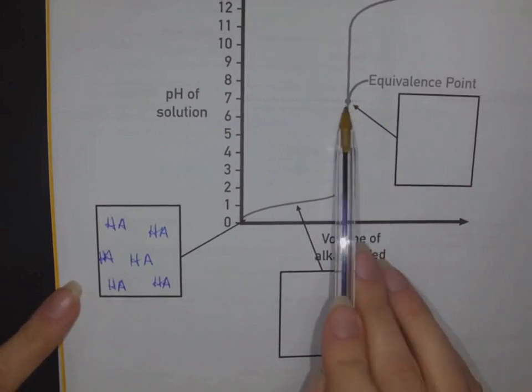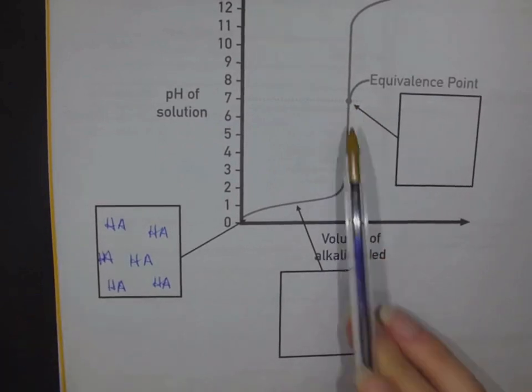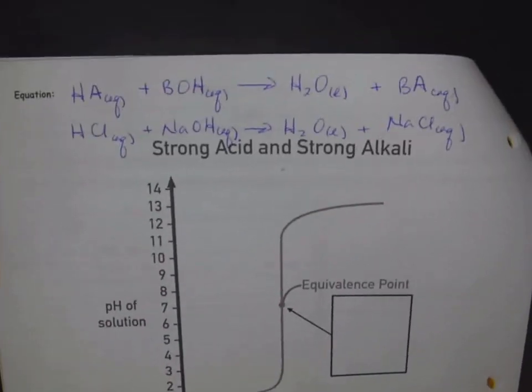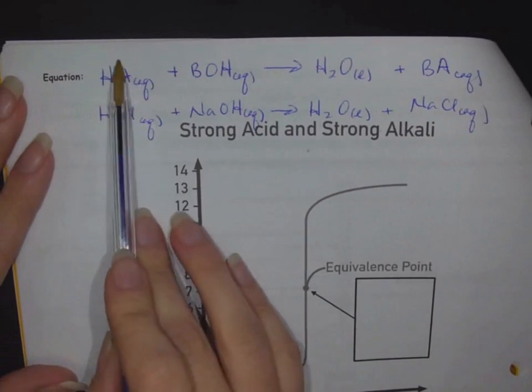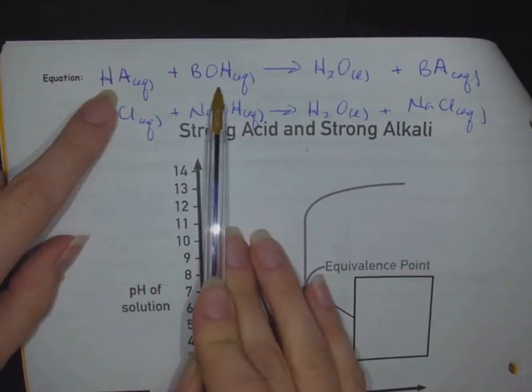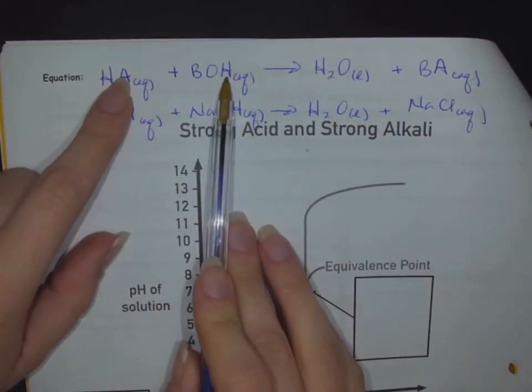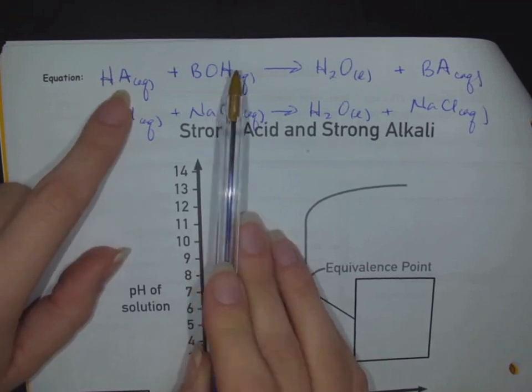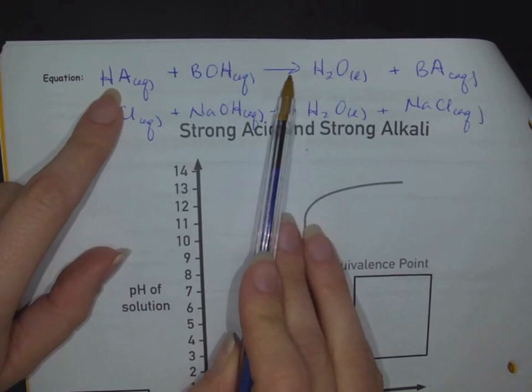We know the equivalence point is when the moles of the acid equal the moles of the base. Okay, like if I come up here, here's my acid, here's my base. Now if I have equal amounts of acid and base, this is a one-way arrow.